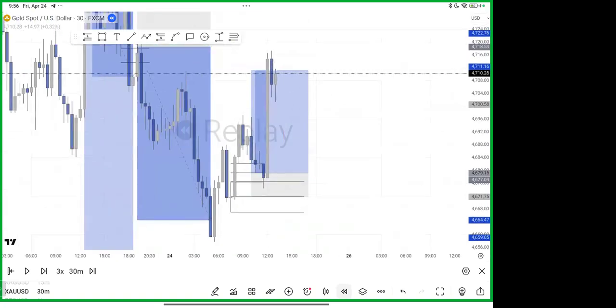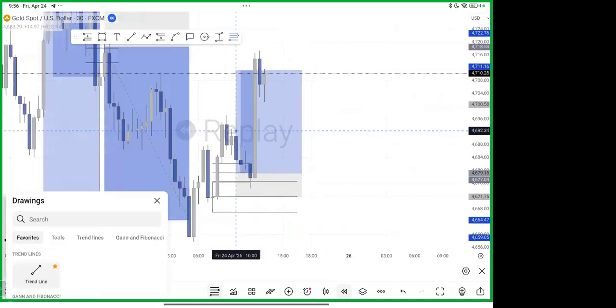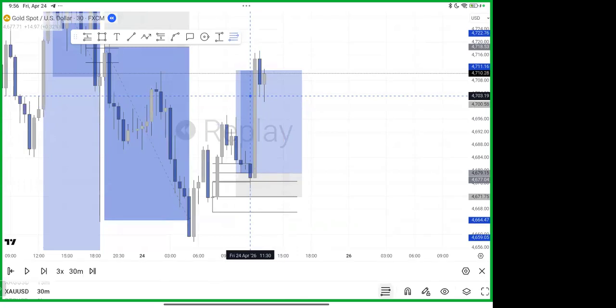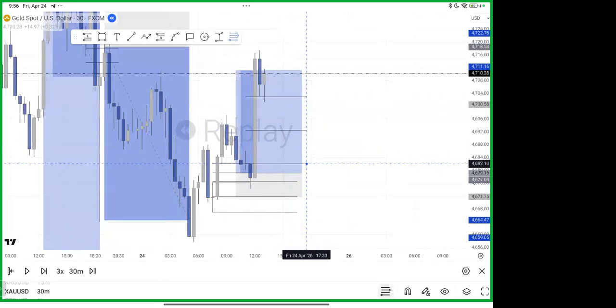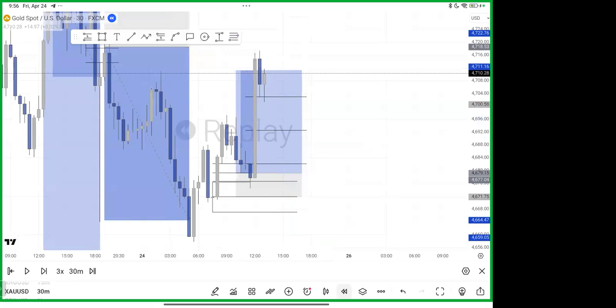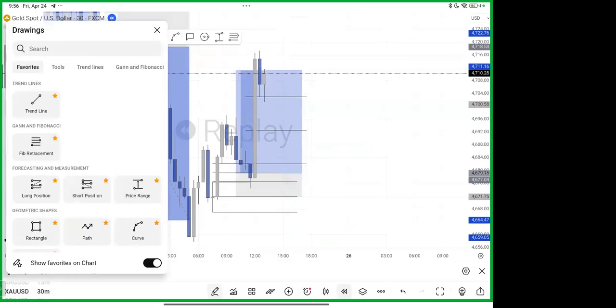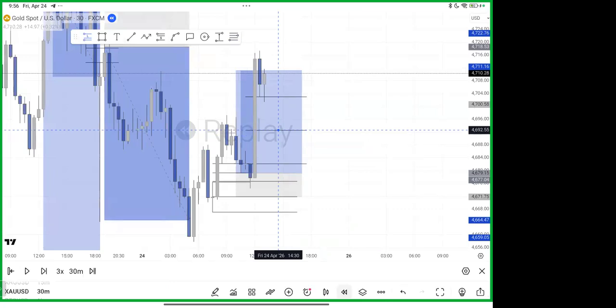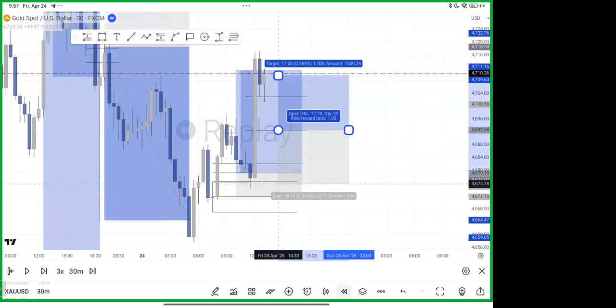So the next one is this. But most times when your SL is not looking too large, just go on without refining and over refining.